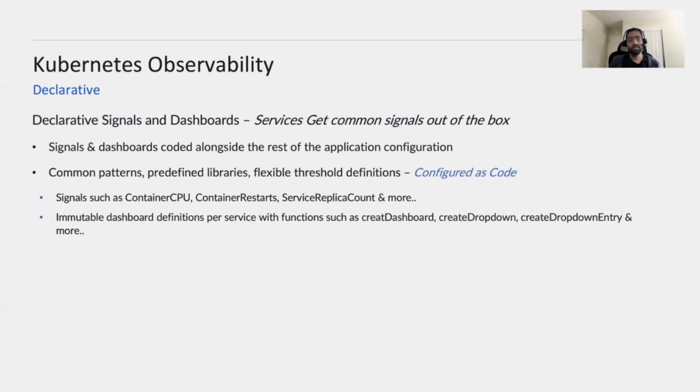For example, signals are defined such as container CPU, which provides CPU metrics and charts, container restarts, service replica count, etc. All of these are functional definitions. And we have immutable dashboard definitions per service with functions such as create dashboard, create dropdown entry, and more.